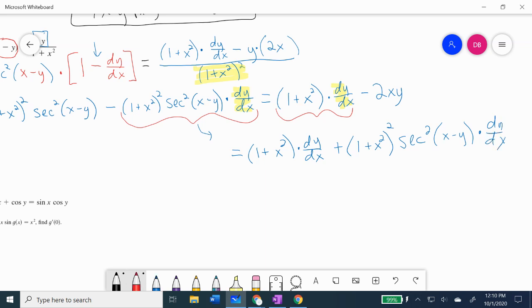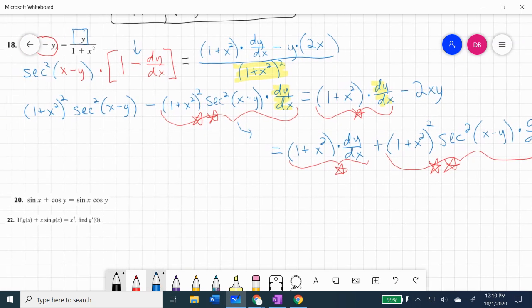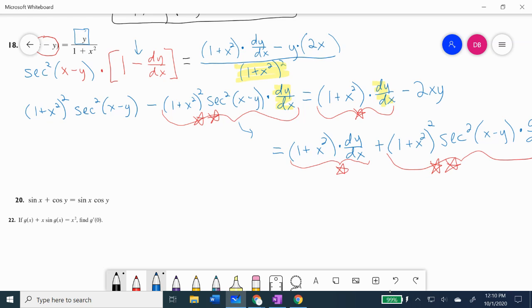So that is taking this bit and subtracting that bit, or actually adding, I should say. And then on the other side of the equal sign, I have what's already there, 1 plus x squared quantity squared times secant squared of x minus y.